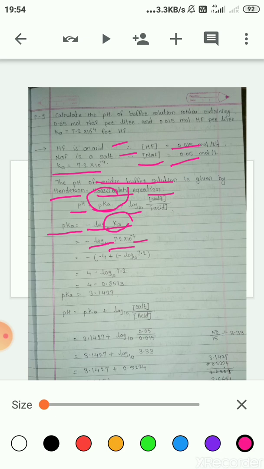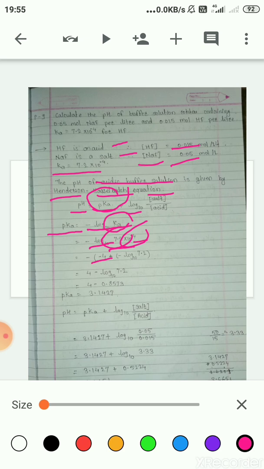Whenever we take log, we have to take log of this also and log of this also. First, log of 10 to power minus 4 is minus 4. So minus into minus 4, plus what we have to take now.